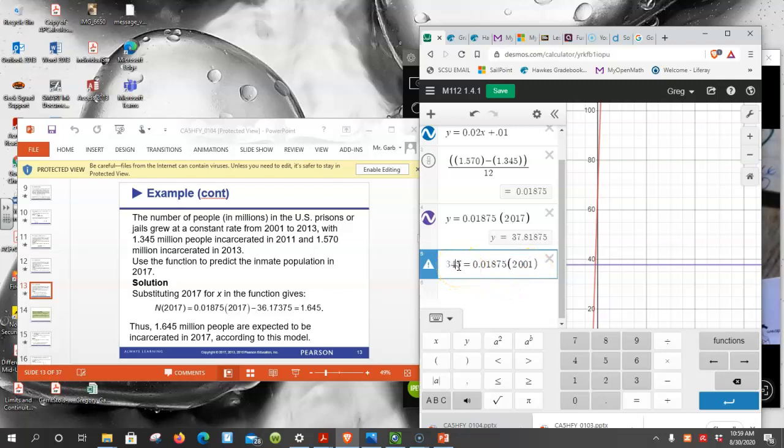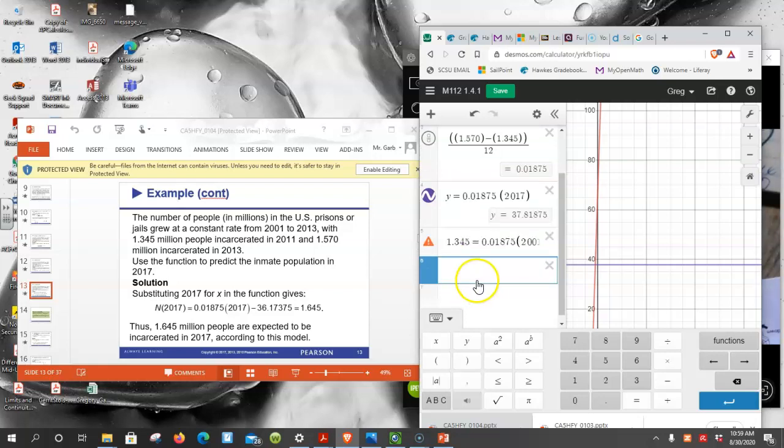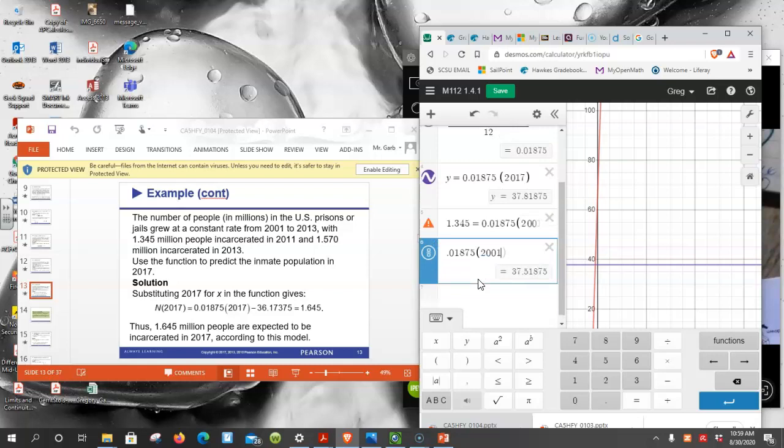In order to get that in there, we need to multiply that times that, and then find out what that number is. So we're going to have 0.01875 times 2001, and we get that, and that has to be subtracted from 1.345. So it's going to be 1.345 minus that number.